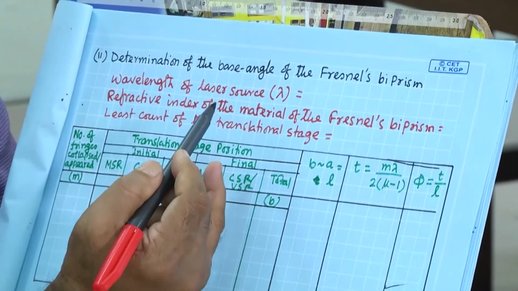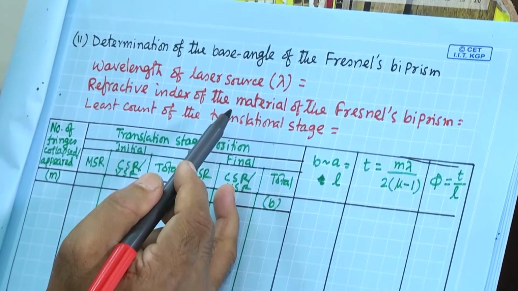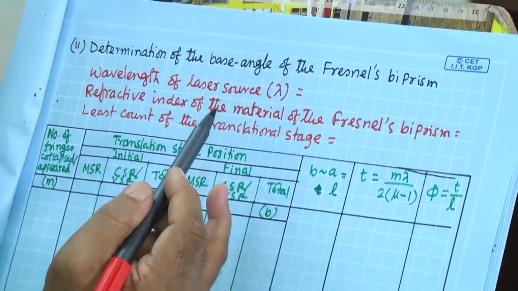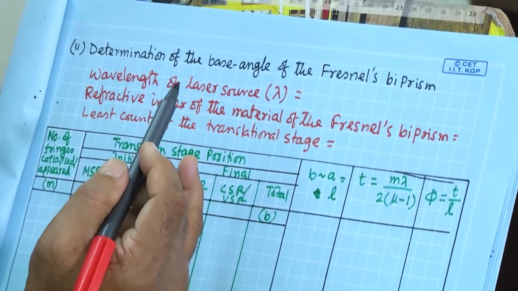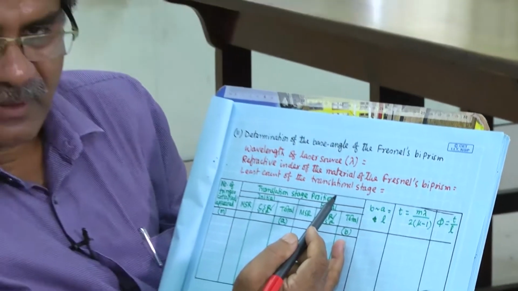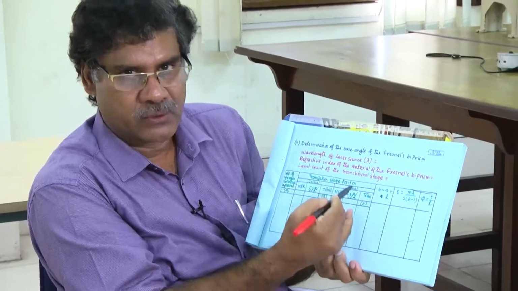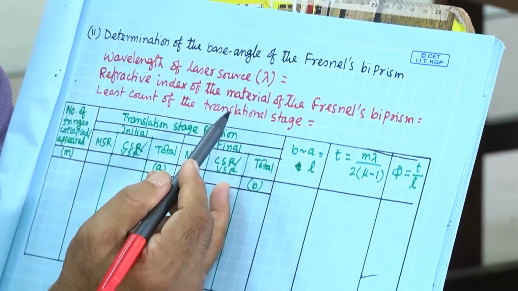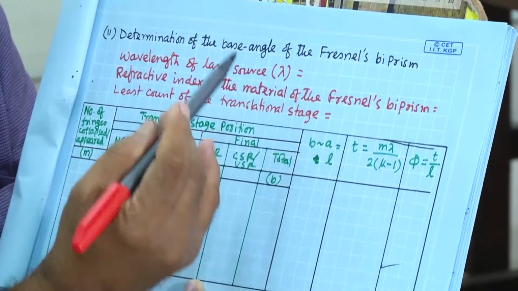In this case, as I told, we will shift the biprism, translate the biprism, and when we translate by L, the corresponding change of thickness will be T. So, the optical path will change, that is (mu minus 1) into T. So, your effective path difference will be 2 into (mu minus 1) into T. For determining the L value, we will use this translation stage where the Fresnel's biprism is attached.